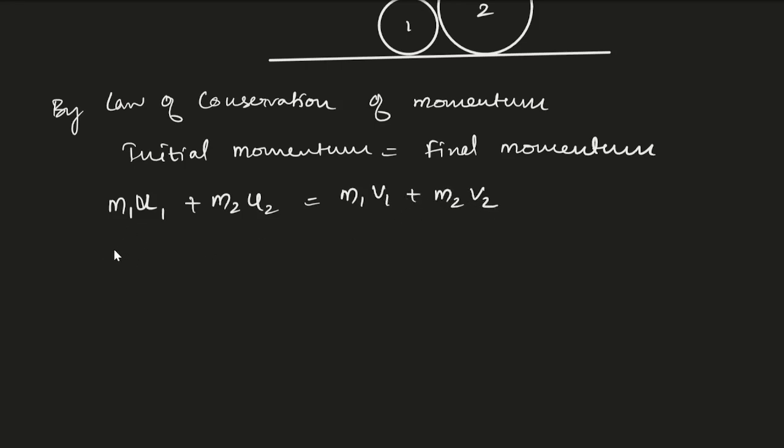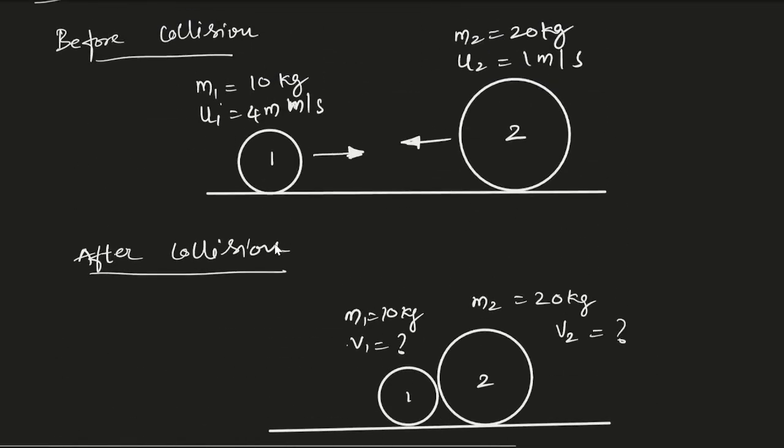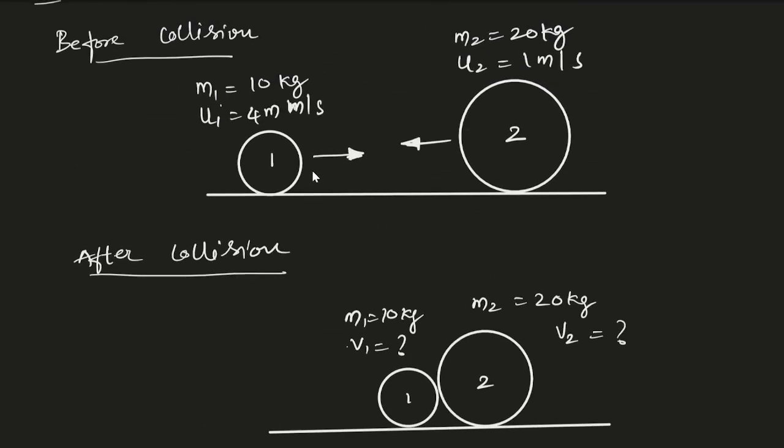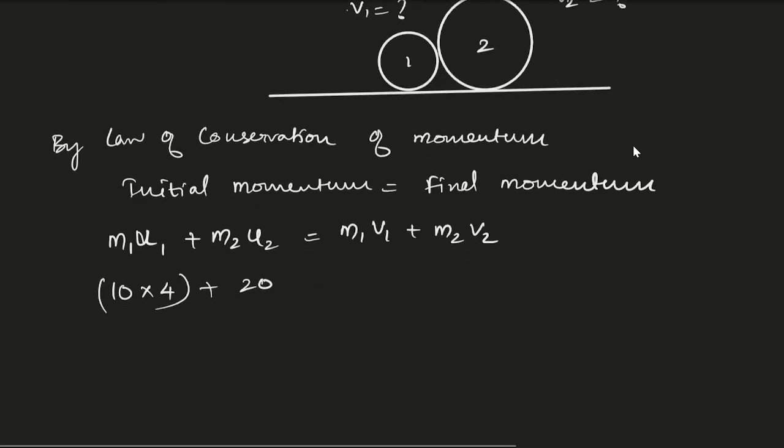Here we know the masses: 10 kg into u1 is 4 meter per second, plus m2 is 20 kg. Now see the direction of the velocity of the second body. Here the direction from left to right we'll take as positive, and from right to left as negative, right? So the velocity of body 2 will be minus 1. This will be equal to, masses remaining the same, 10 into v1 plus 20 into v2.